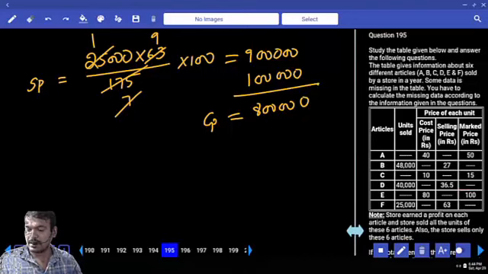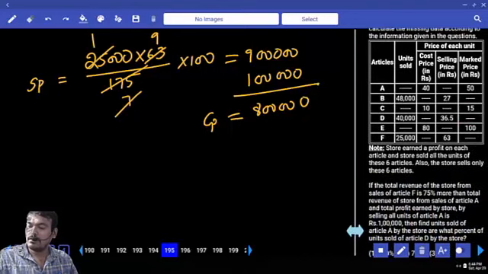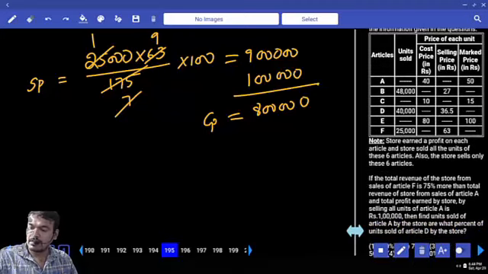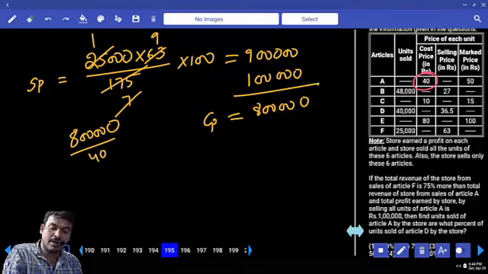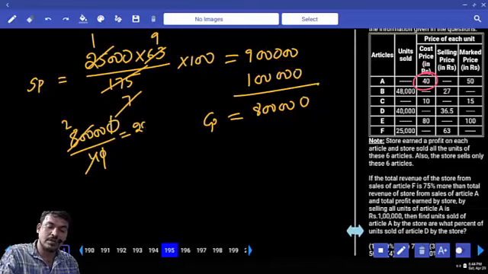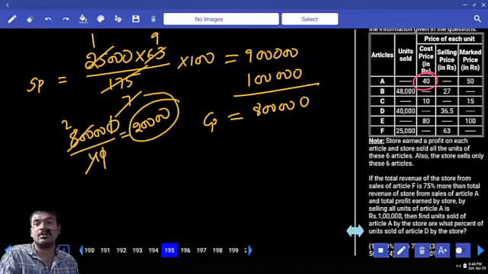That 8 lakhs is the cost price of all the units. But every unit cost price is 40 rupees. Divide 8 lakhs by 40, we get the number of units. 0 cancel. 4 how many times? 2 times. It is 20,000 units. A, how many units are sold?